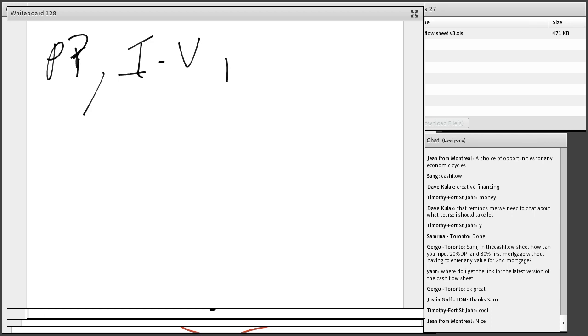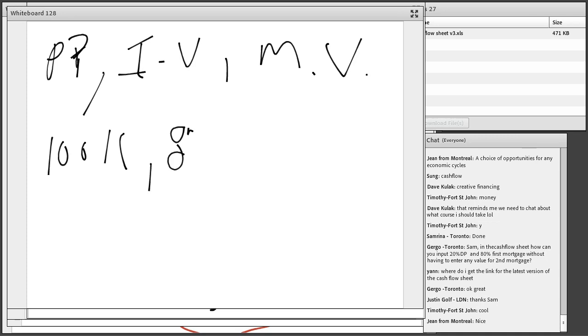Investor value. But I'm also going to have market value. Now, how are we going to do that? Well, I'll explain that when we get there. But this way, what you'll see is the purchase price is 100K. Our investor value will be, say, 80K.